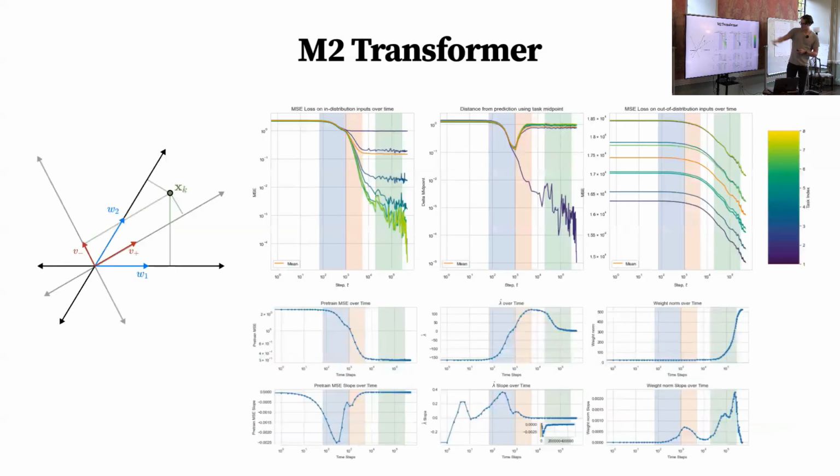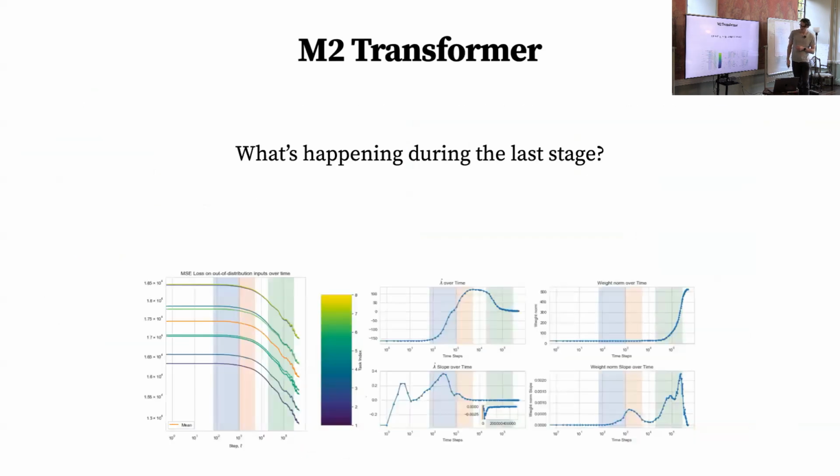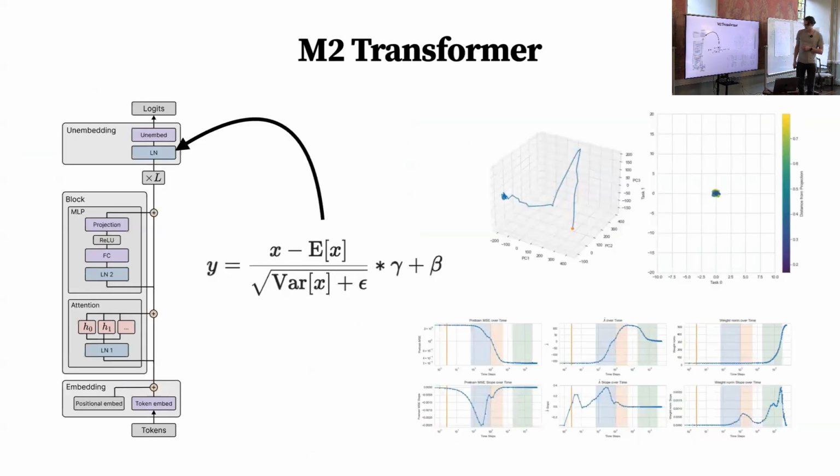So I should have put this figure here. We've got one embedding vector representing the task sum vector, which moves along this direction. And then the remainder are spread along basically this line. That's what you see collapsing here. And this is related to other changes happening in the model where a lot of the layer norms are collapsing.